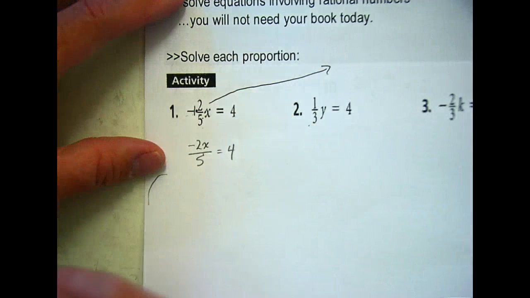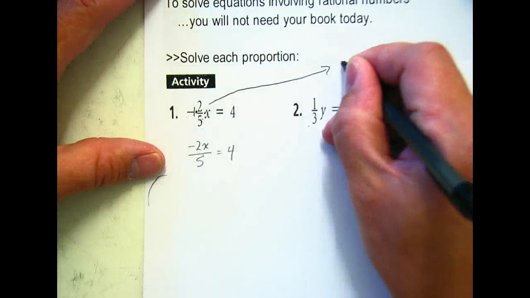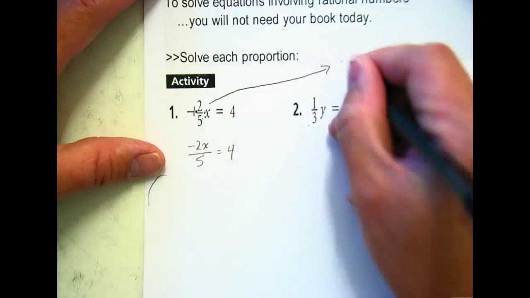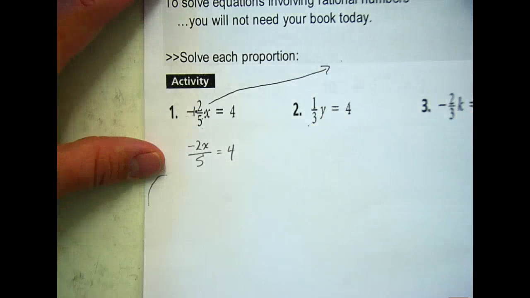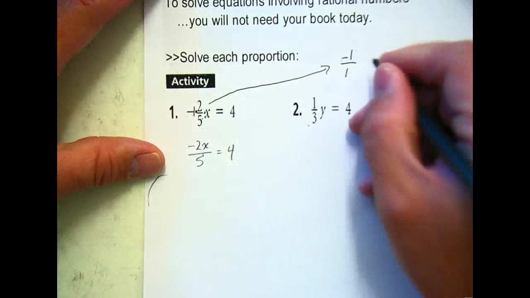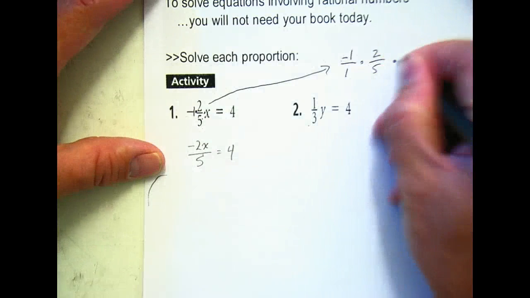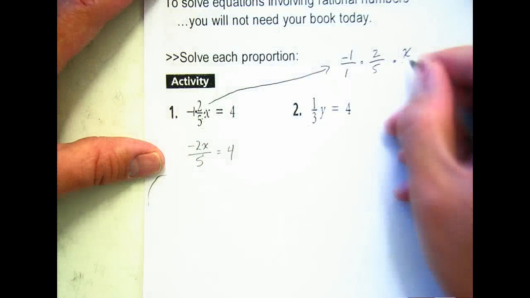And if you remember back to basic fraction work, when you multiply fractions and a number's not a fraction, we turn it into a fraction by putting what under it? Everyone? A 1. Okay? Negative 1 over 1 times 2 over 5 times x over 1, yeah, we got to put a 1 under it.